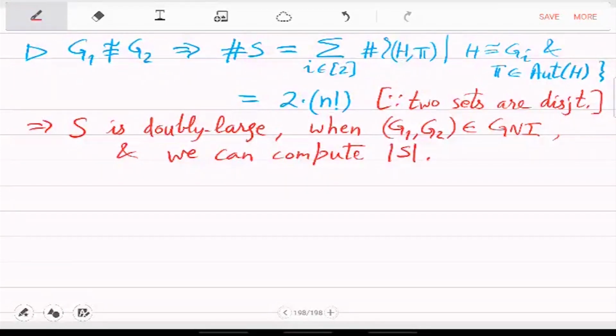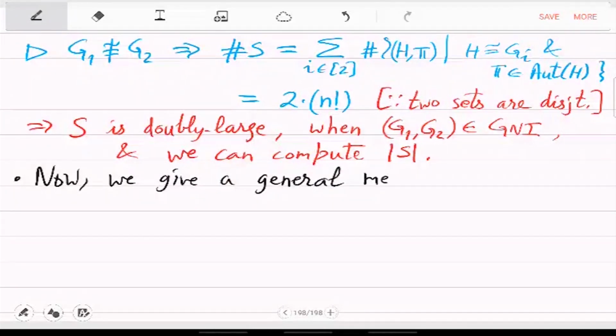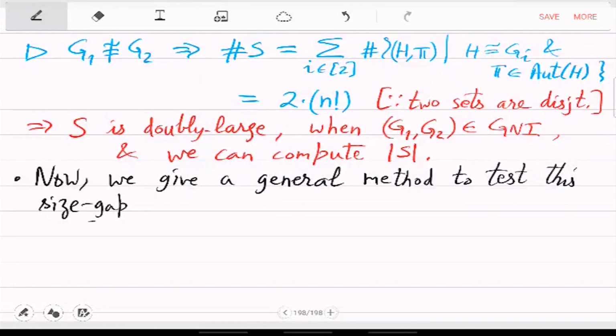So that's an important thing, knowing the size or at least size bounds, and we'll use this now in the protocol. So now we give a general method to test this size difference in BP.NP.